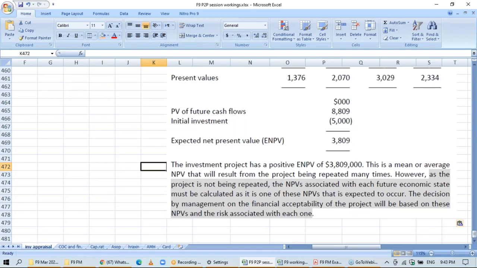So I'm giving you a minute to read it, and then we'll move on to our next topic, which is cost of capital. So our next topic will be cost of capital, starting within a few minutes, 2 to 5 minutes.